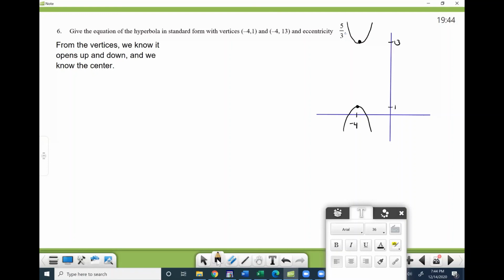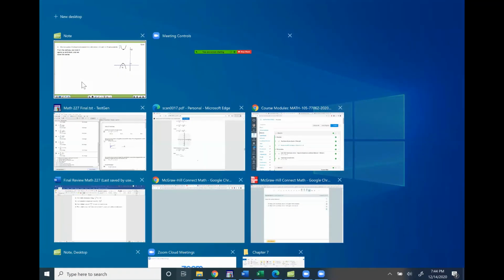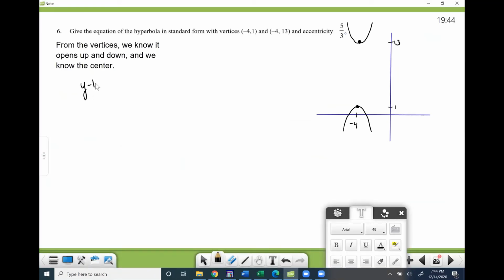So let's think about what we know. Since it faces up and down, y has to be first. We know the center is like, I don't know, like there-ish.